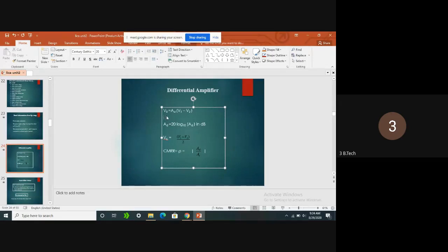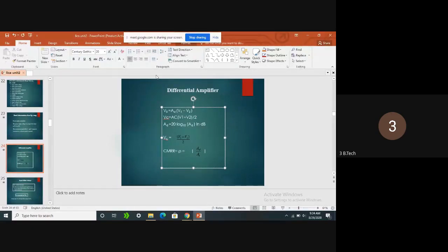V naught is equal to AC into (V1 plus V2) whole divided by 2.